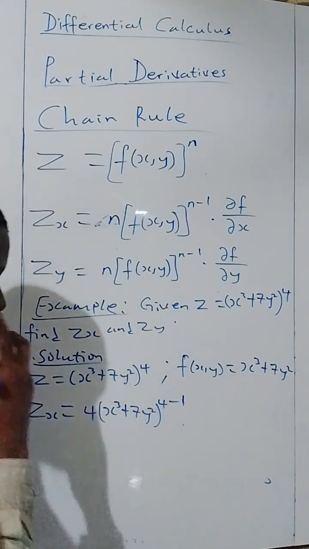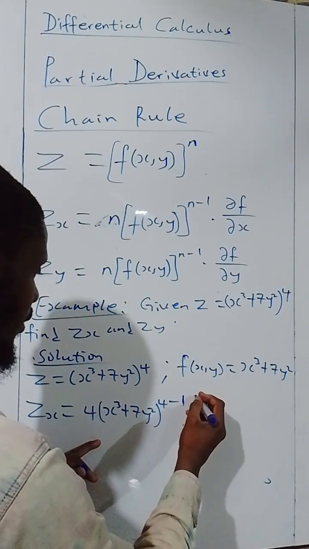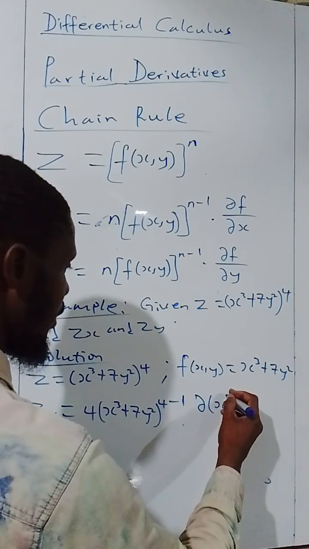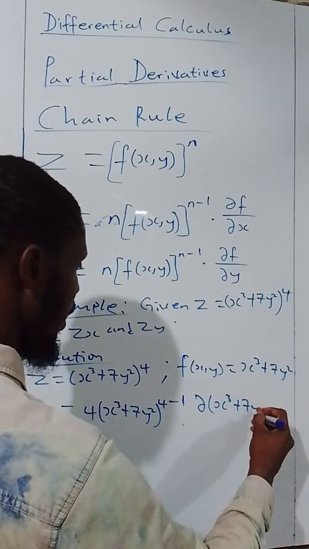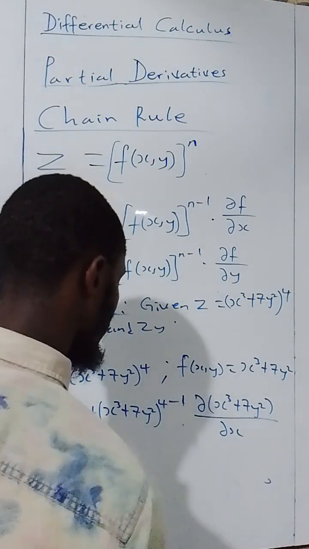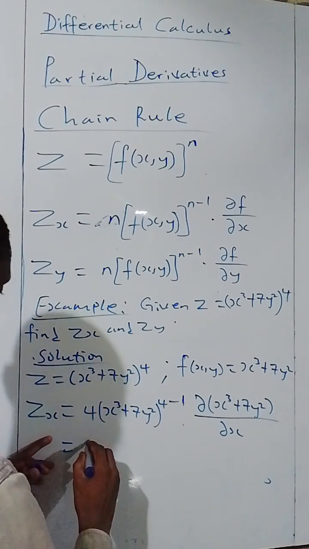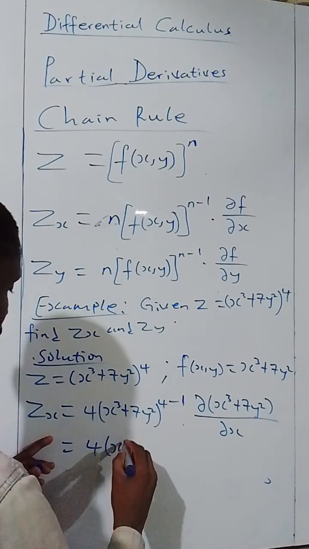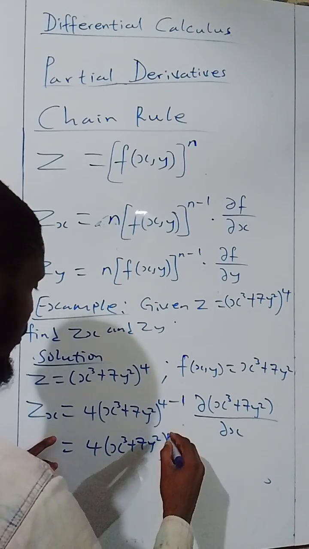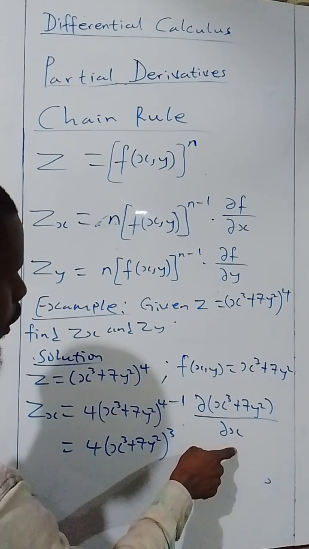So in other words, it is the partial derivative of x raised to the power 3 plus 7y squared with respect to x. That's what it means. Then we have 4 times the bracket x raised to the power 3 plus 7y squared, everything raised to the power 3 now. We differentiate this with respect to x.